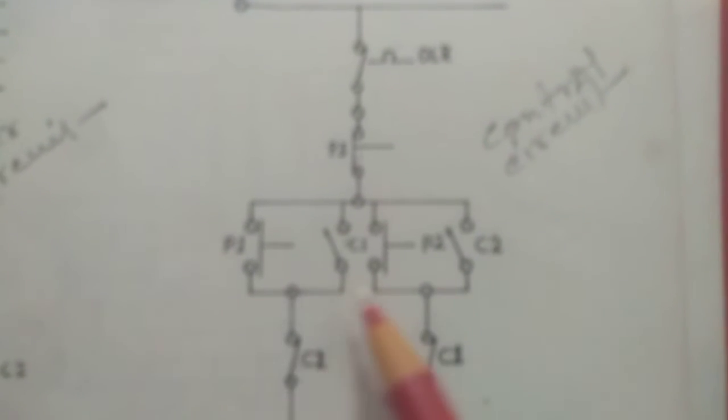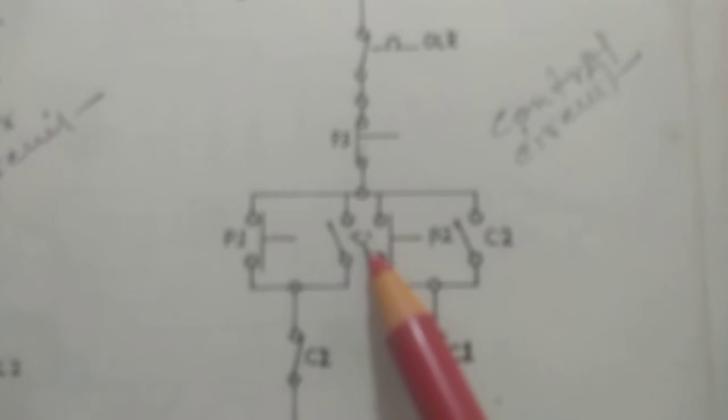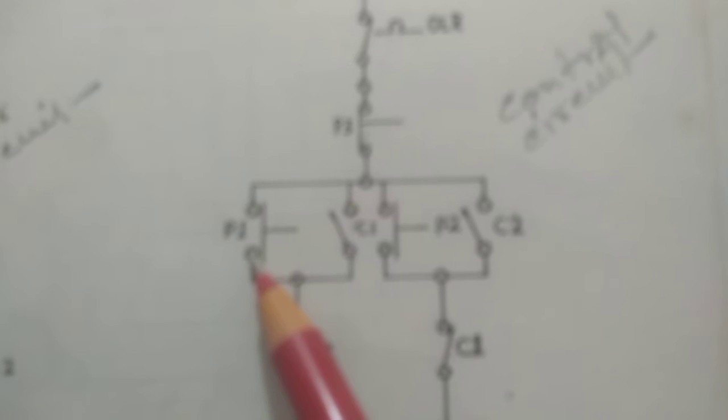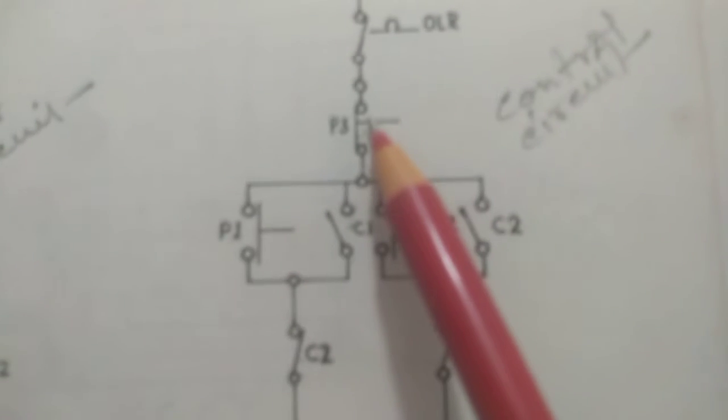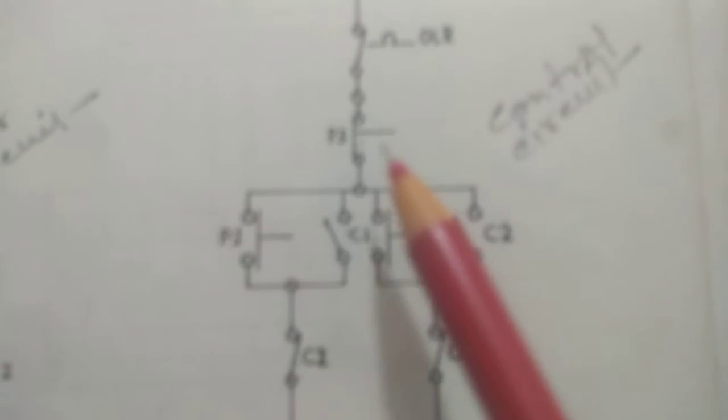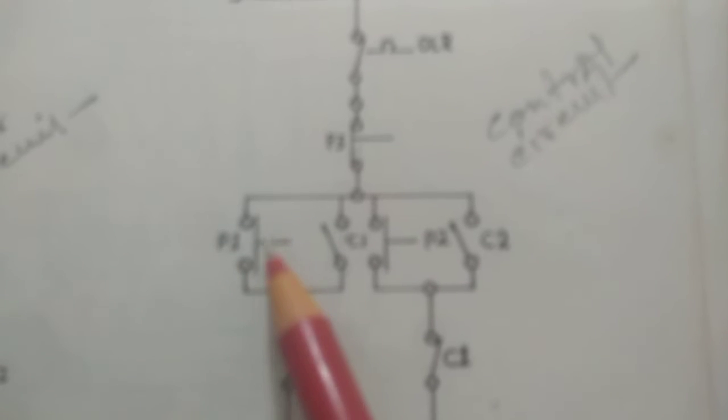C2 is open. C1 contact is open. P1 normally open here. P1 may close here. This is an off push. This is an on push.